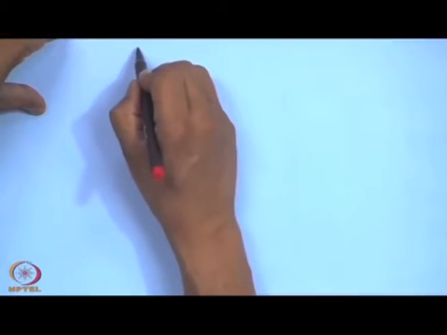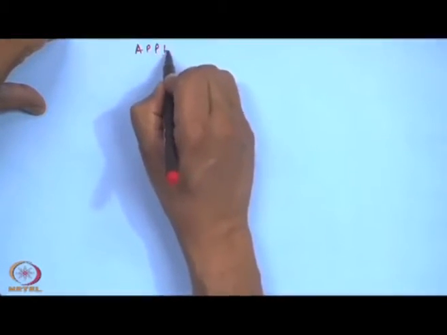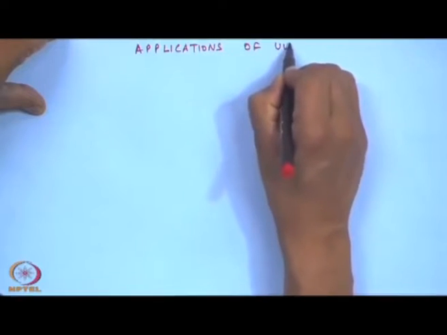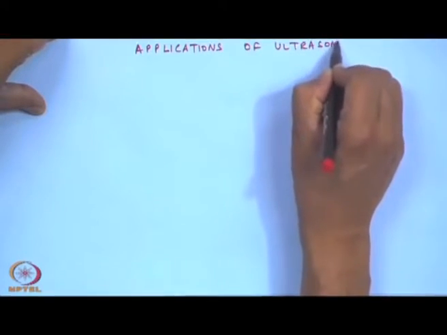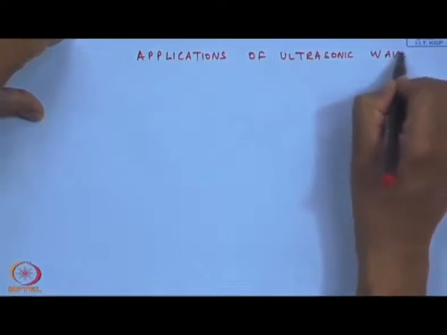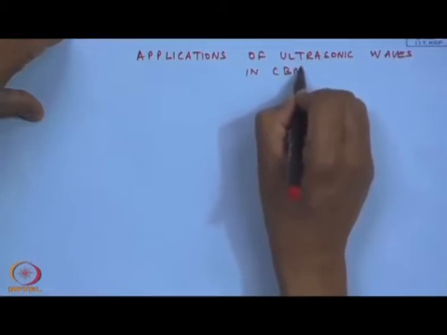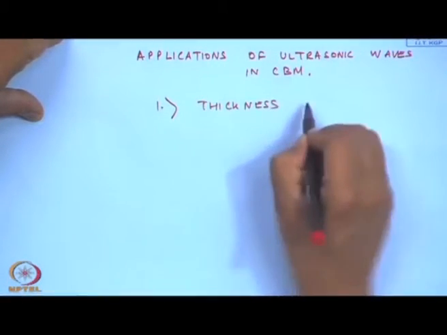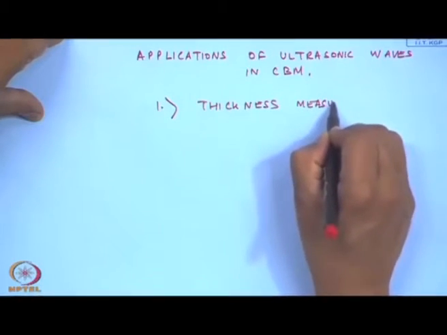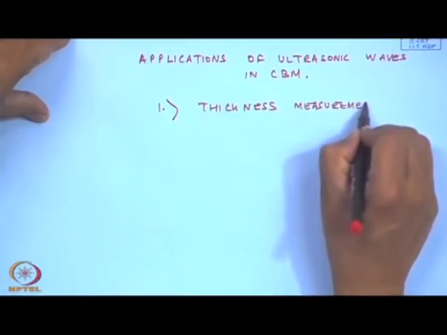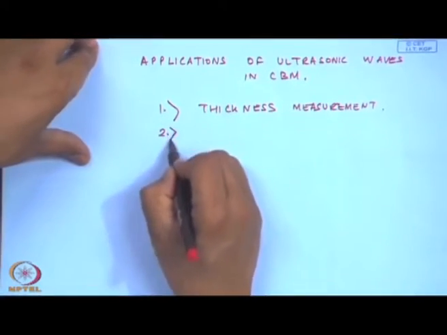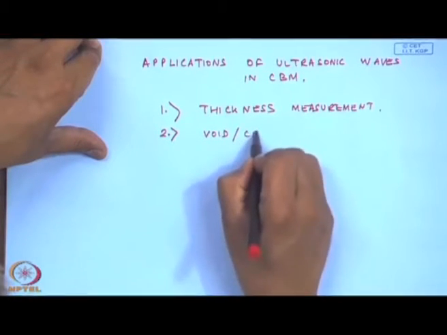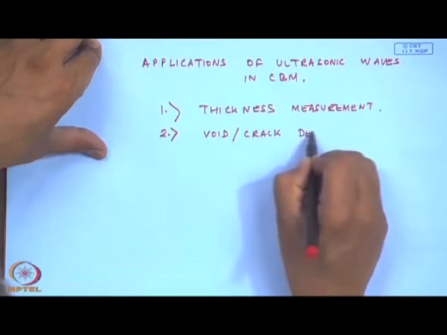So, if I was to briefly write down the applications of ultrasonic waves, particularly in CBM: one, of course, was thickness measurement, and the other is what is known as void or crack detection.